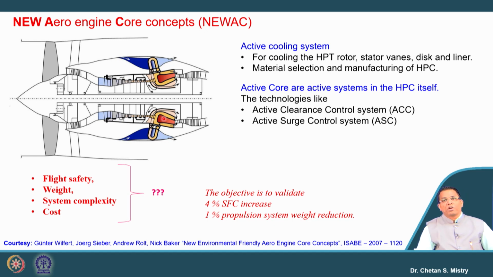So specific fuel consumption is the major target. It says there is an improvement of specific fuel consumption, as well as because of weight reduction, since we are not having say complex cooling system, this is giving the benefit.